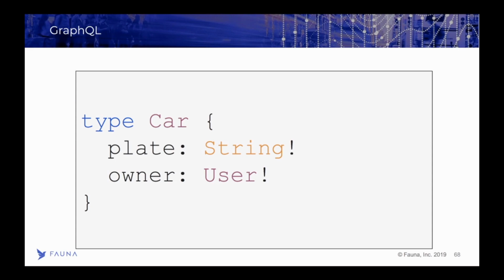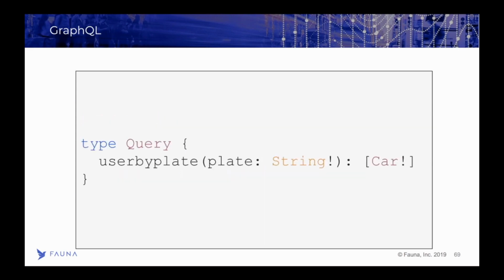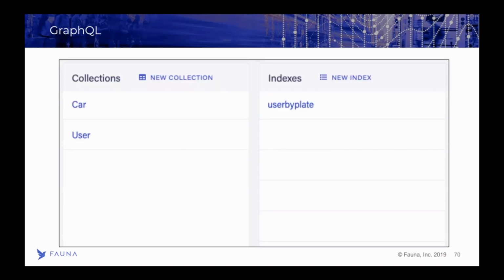So we know who owns this car. And we're going to write down the queries that we expect to build here. So we say we want to query a user by the plate number because we're going around scanning the plates, making sure they've paid for their subscription to our parking garage service. And if you take all of that, it adds up to your schema.